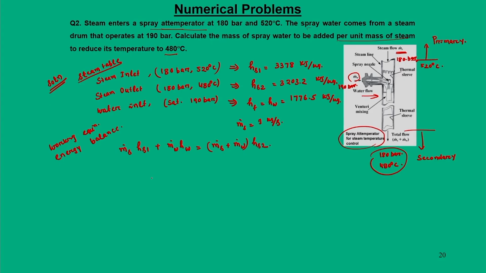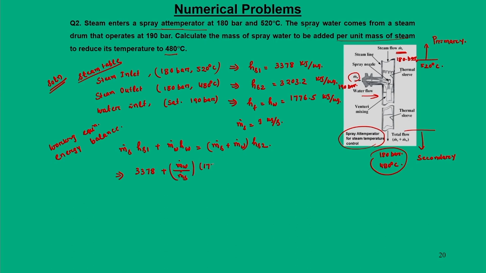So, this equation we can simplify by dividing by m dot s. So, we say it is HS1 is 3378 plus mw by ms into HW.